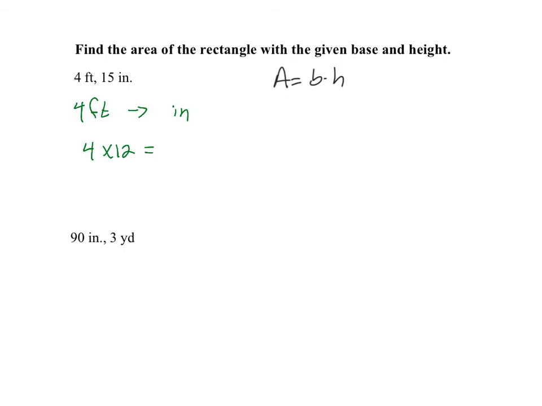So that means this is 48 inches. Now I have 48 inches times 15, which is around 720 inches square. Why square? Because we're multiplying inches times inches.